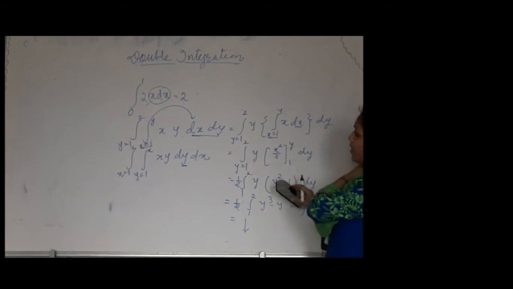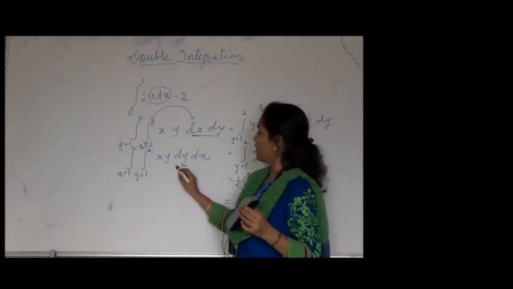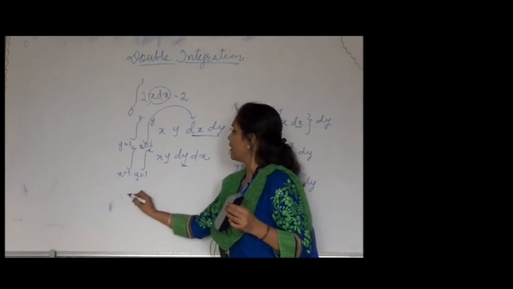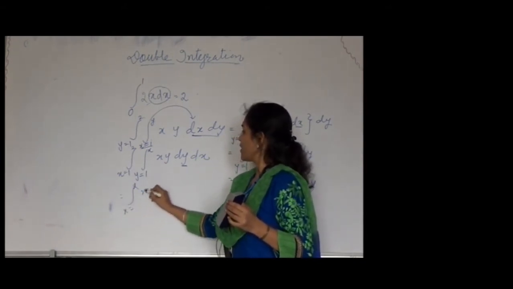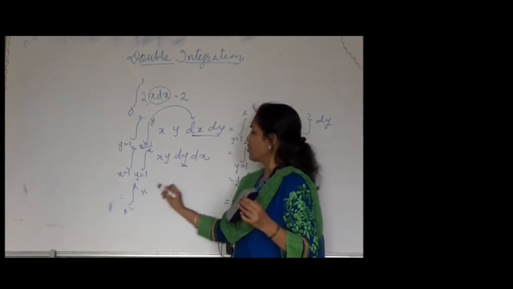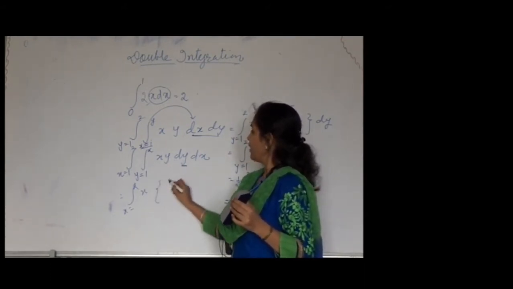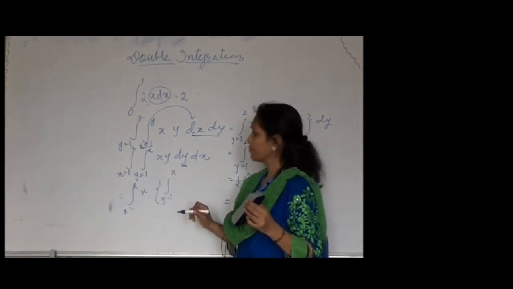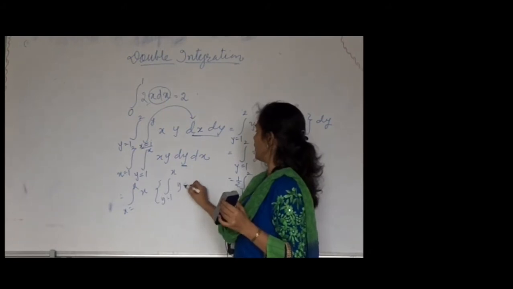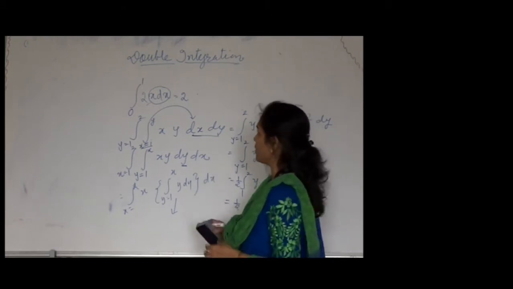But if the same integral is written with y going from 1 to x, then it can be written as x from 1 to 2 outside, since x becomes constant for the inner integral, and then y from 1 to x of y dy, and we solve this the same way.